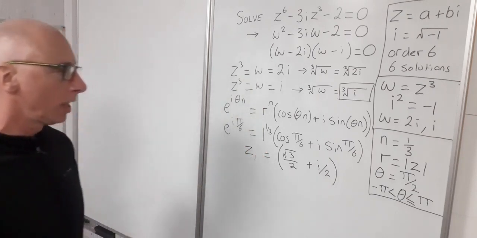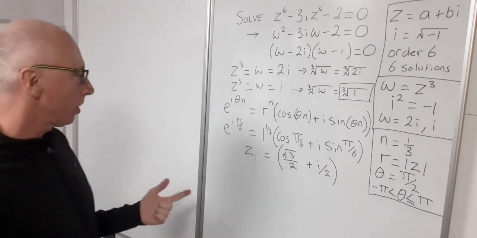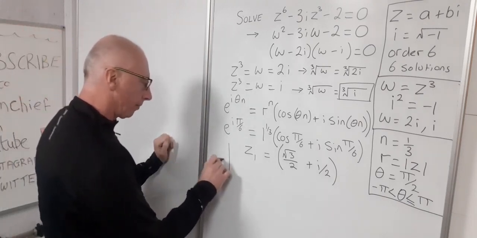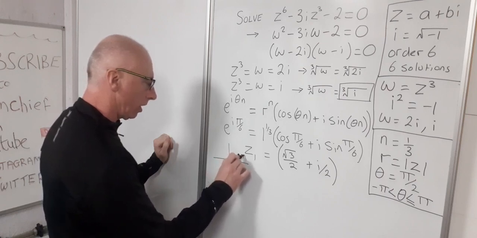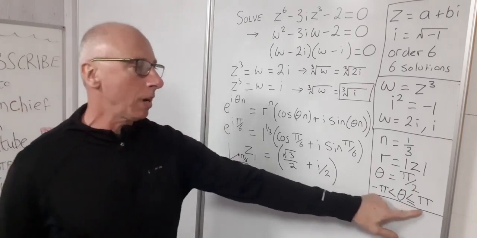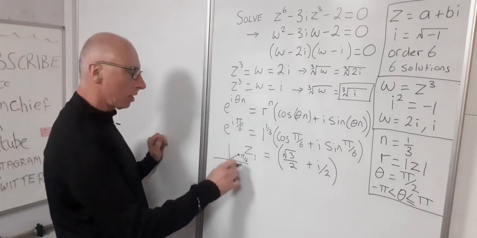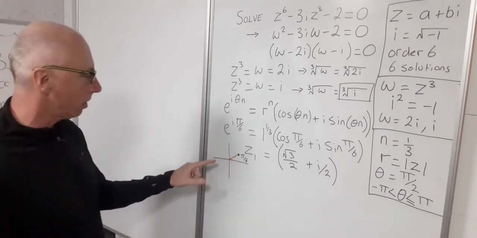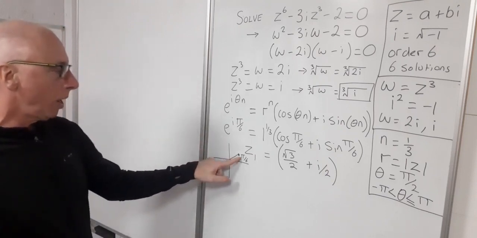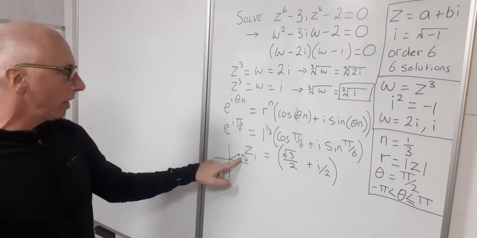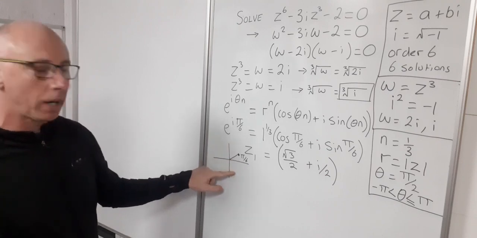Now when we're taking the cube root, there are 3 solutions. So again, back to our Argand diagram. If we've got pi over 6, which is this angle here, remembering the parameters for our range of pi, if there are 3 solutions, they will be equally spaced from pi over 6. So from pi over 6 we could add 4 pi over 6 and subtract 4 pi over 6.